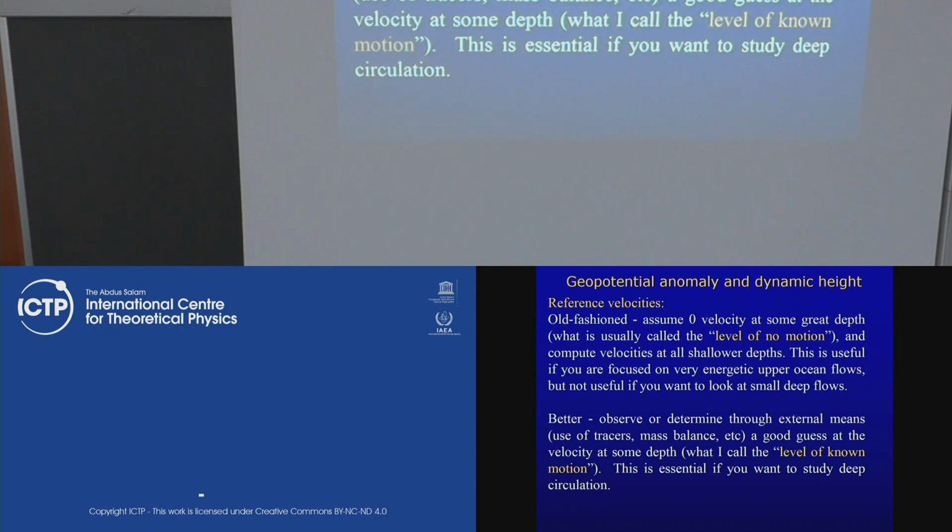This is a very crude and old-fashioned assumption, and so it's not very reliable. It's better, obviously, to observe and determine through external means, use of tracers, mass balance, and so on, a good guess of the velocity at some depth: a level of known motion instead of a level of no motion.